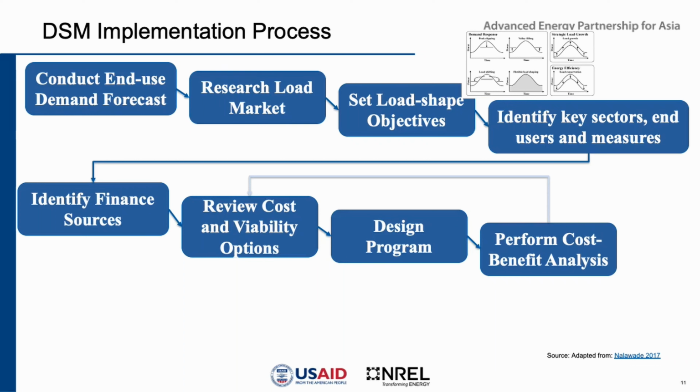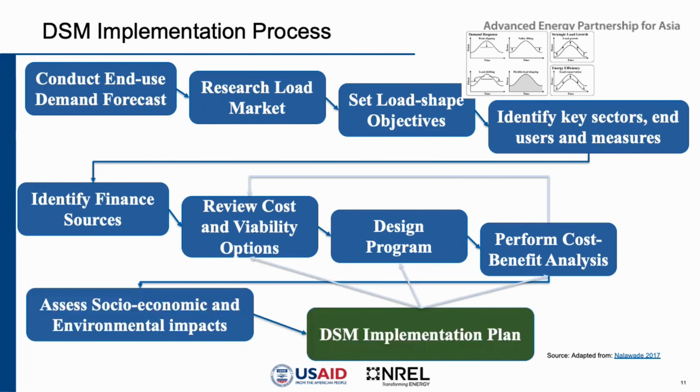And then finally, we assess the socioeconomic and environmental impacts that would result from the DSM program. And at several steps in producing the final DSM implementation plan, there are feedback loops where we might need to return to look at questions again.